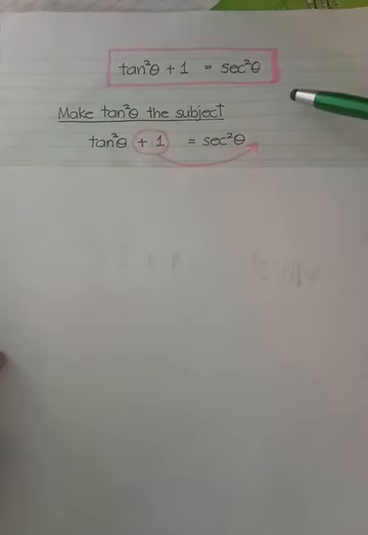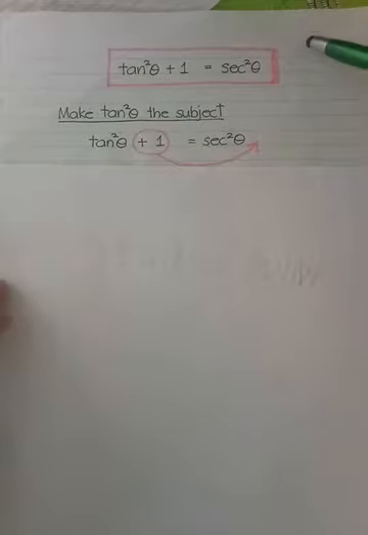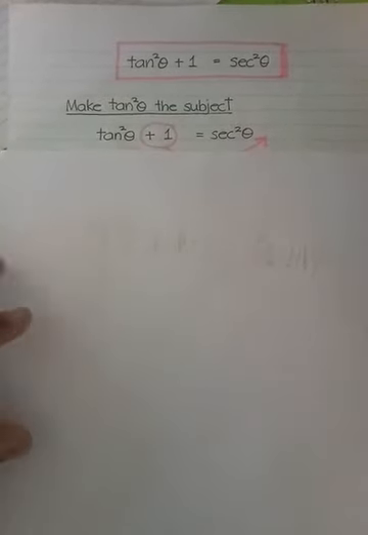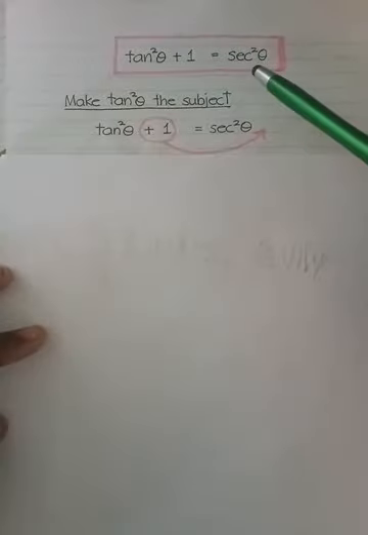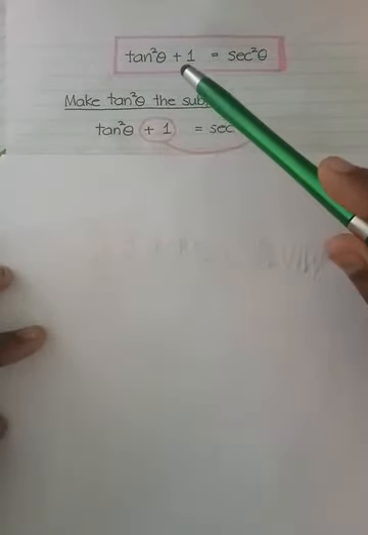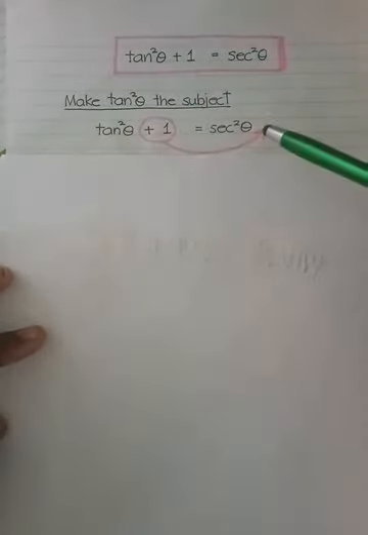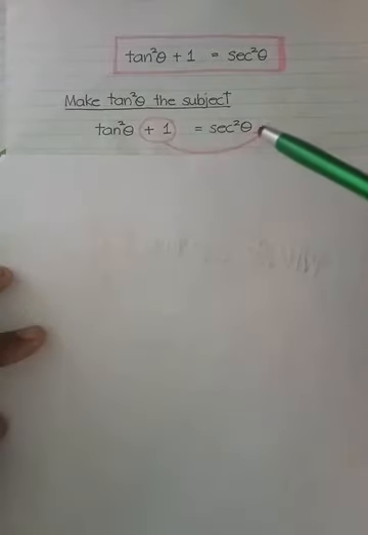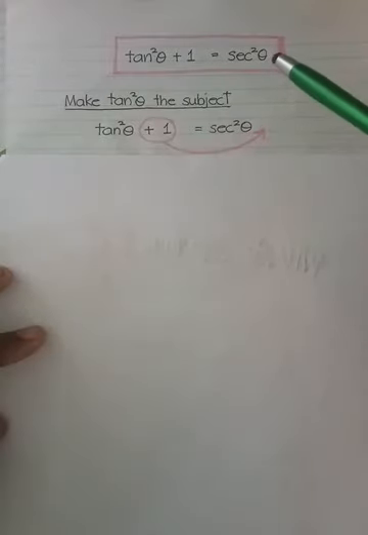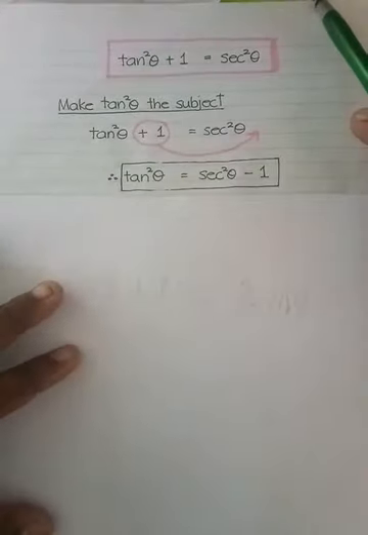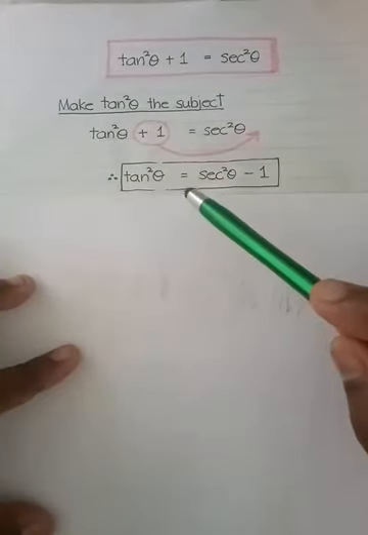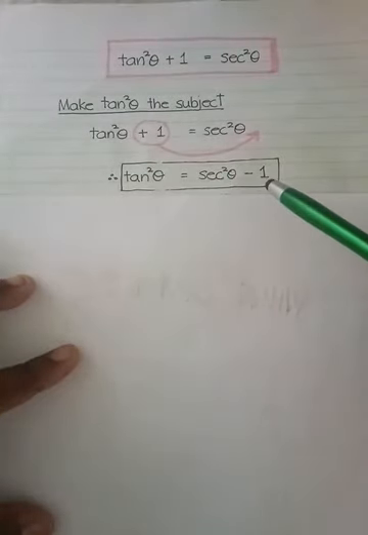So finally, in this last identity, you'll notice that we have tan squared theta plus 1 is equal to sec squared theta. Like in the previous example, the plus 1 undergoes the same process. If we take plus 1 across, we'll come about another expression of tan squared theta. So it gives us tan squared theta is equal to sec squared theta minus 1.